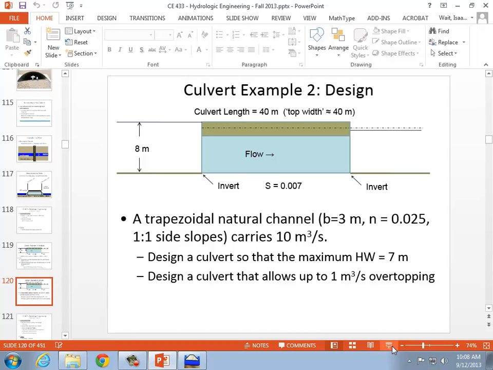And then the side view is the one that actually shows the culvert and the roadway on top of it. So we had here the elevation of 105 meters. This elevation was 102.28. That was 100.00. The length was equal to 40 meters.